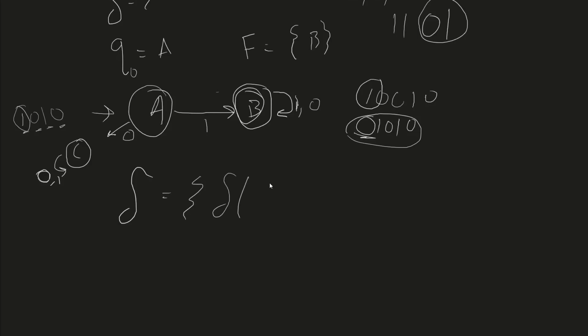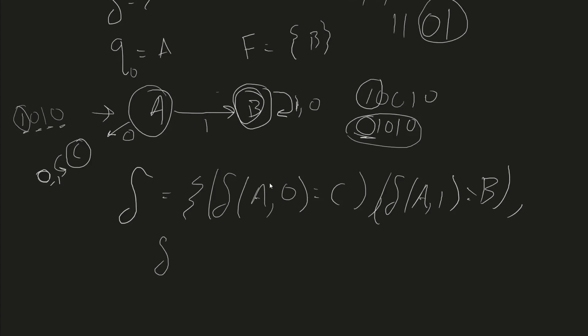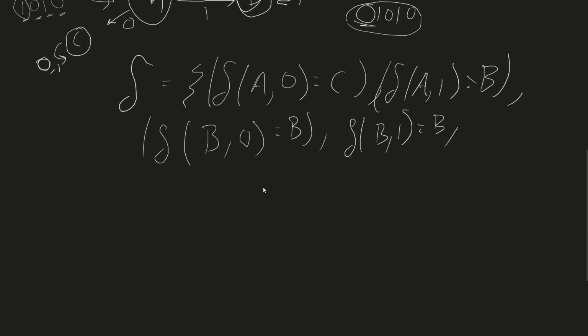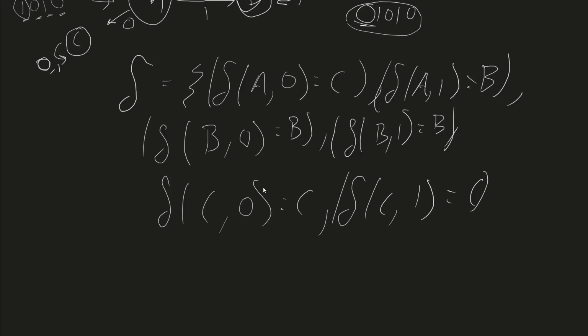So we have transition function at A, at input 0, we go to C, at A1, we go to B, at B0, we stay at B, at B1, we also stay at B, at C, at 0, we stay at C, because we're looping out, C at 1, we're also staying at C, and we're looping out. Oh, sorry, this is messy. So this is our transition function.